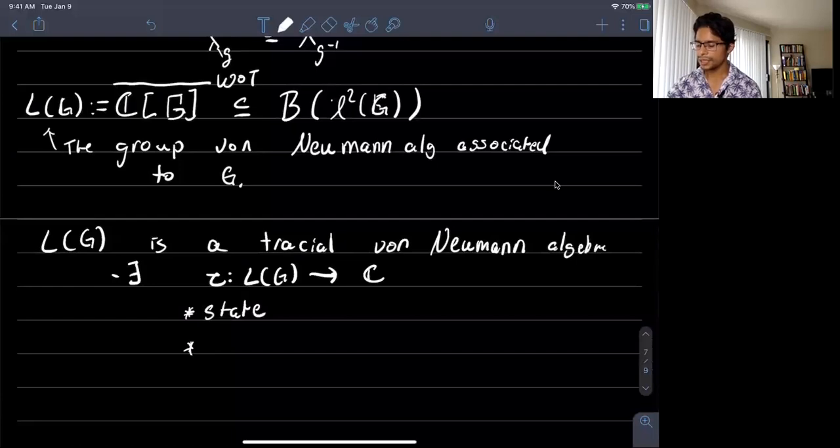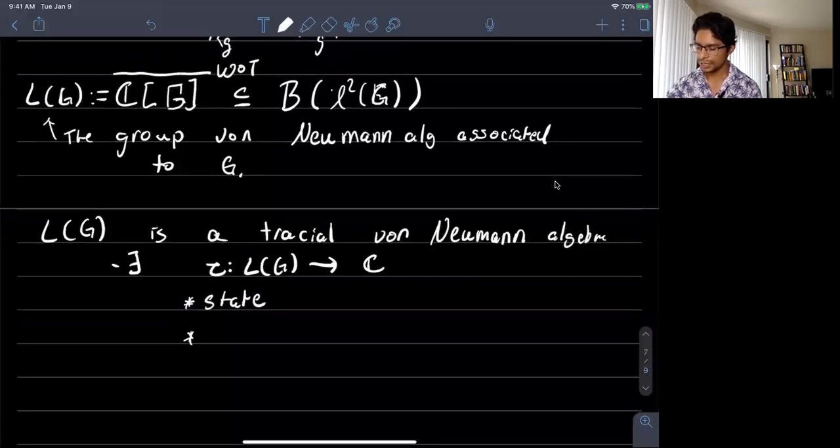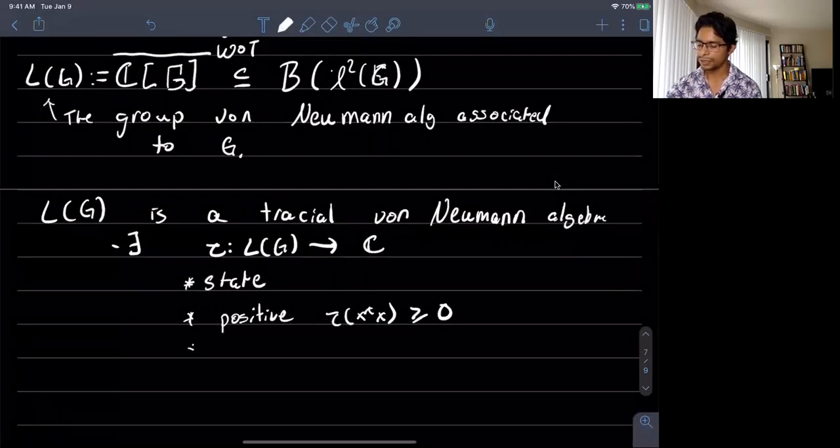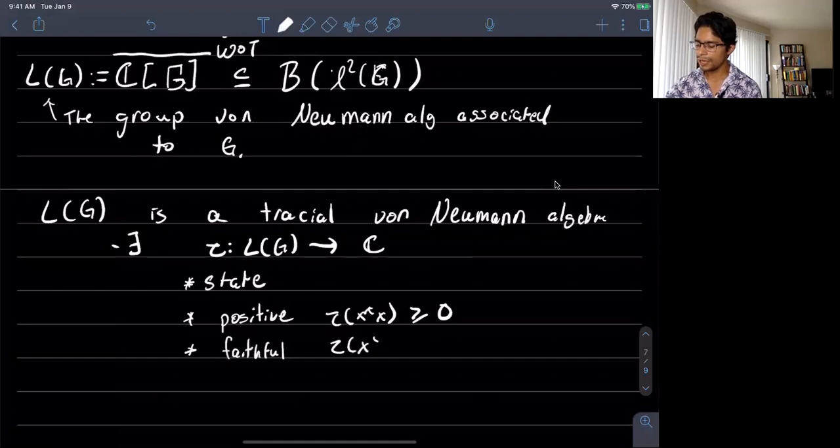It is positive, meaning that if you start with a positive operator, the output will also be positive. It's faithful: if you have equality in the line above, then that necessarily implies that you were starting off with the zero operator.